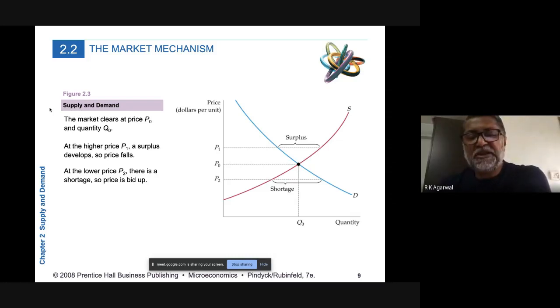You cannot change prices very quickly in the short run. That is his assumption. And that is why Keynes said that in the short run, the market is not in equilibrium, or even if you call it equilibrium, the market is not in actual equilibrium.